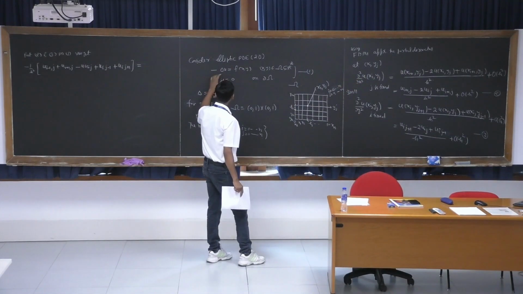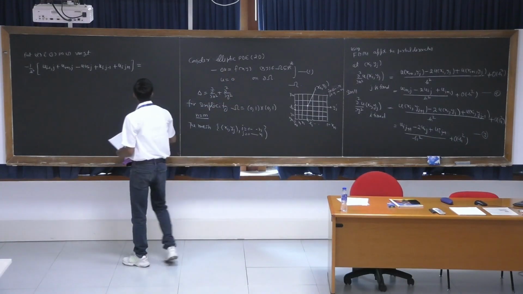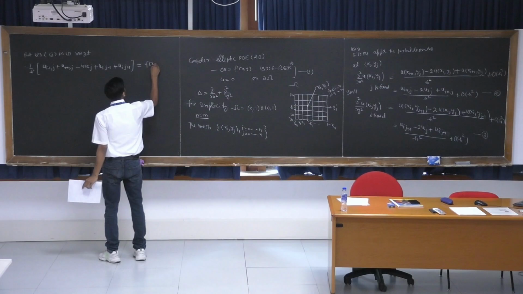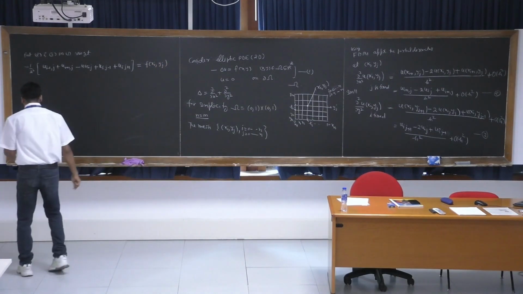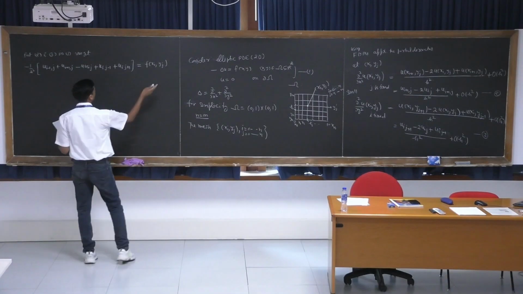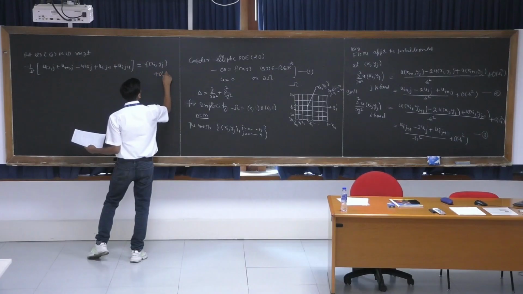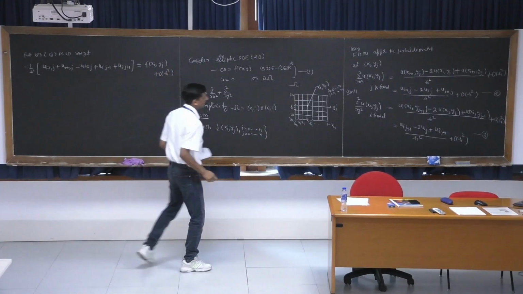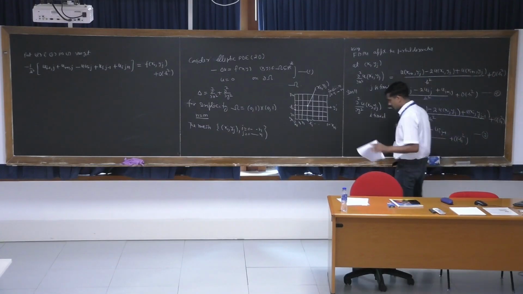So this is equal to f of xi, yj. The right hand side is also at xi, yj. I think this is fine. Obviously there is also one term, plus order of h square. You can see that this is order of h square in both of the approximations.